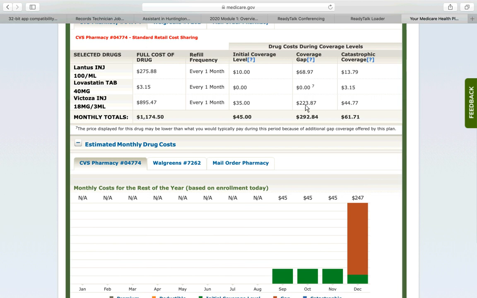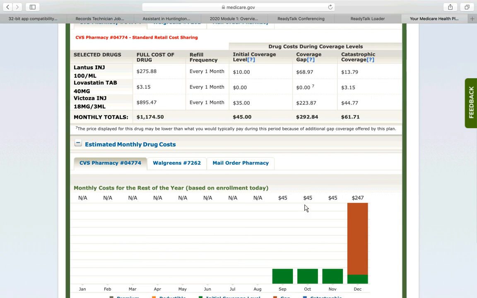Even though they're only paying 25% of the cost of the drugs, not only does the 25% that they're paying out of pocket count towards their catastrophic limit, but the discount that the insurance is paying on their behalf also counts towards their catastrophic limit. And it actually helps them go through that gap faster.